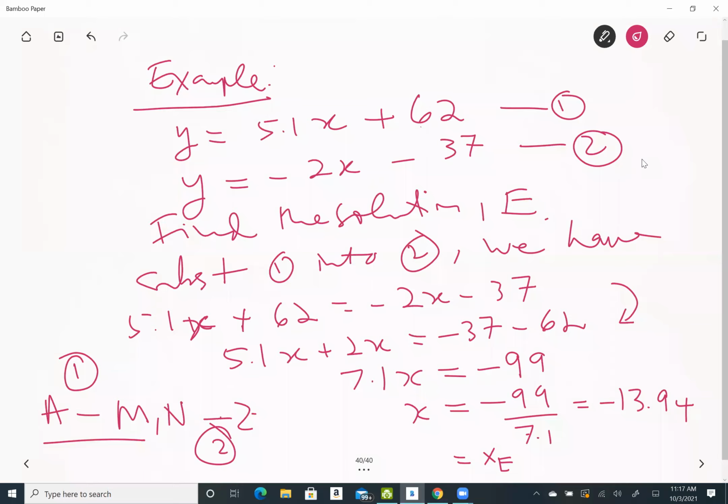Anybody got the answer yet? Those who substitute into number 1, what is the value of y? Negative 7.7.